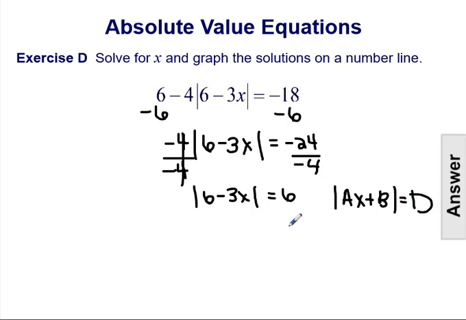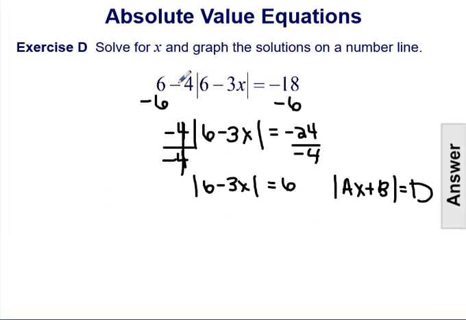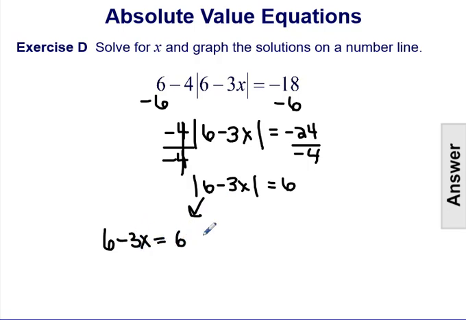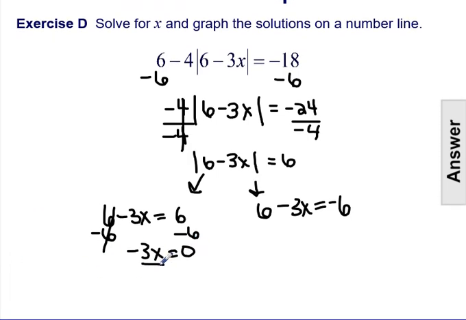This gives us the form, the absolute value of ax plus b is equal to d. So here we can now split algebraically into 2 different equations. Now that we know we have the form, let's see it with the example where we split to 6 minus 3x is equal to 6. But then we also have that 6 minus 3x is equal to negative 6. Then we solve for x. We subtract 6 from both sides, and we divide by negative 3.